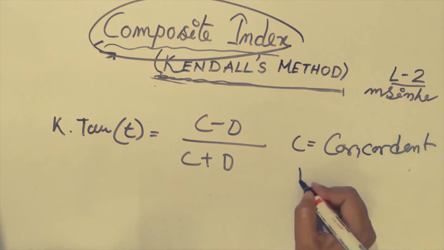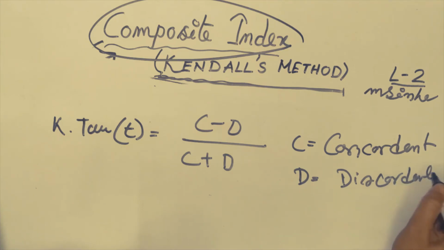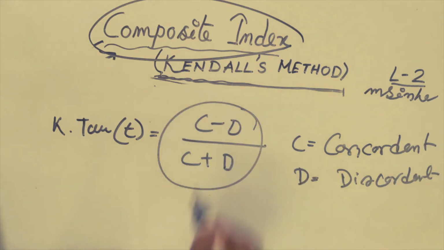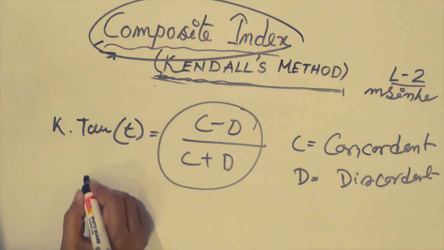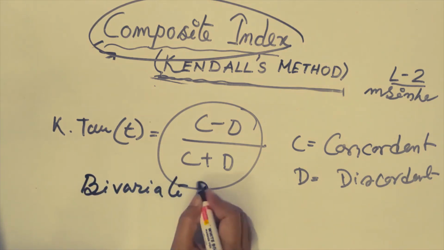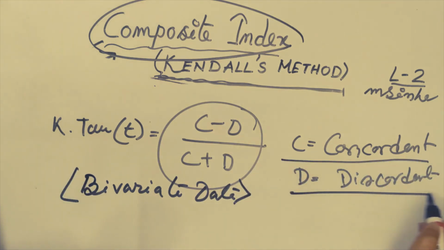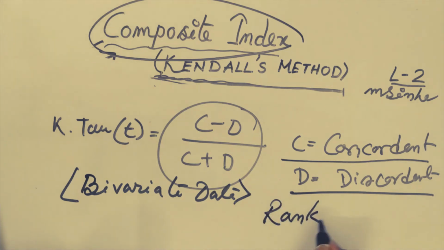Here the data set is mainly bivariate data, used to establish the relation or identify the correlation between bivariate data. The concordant pairs and discordant pairs are derived on the basis of the ranking system.